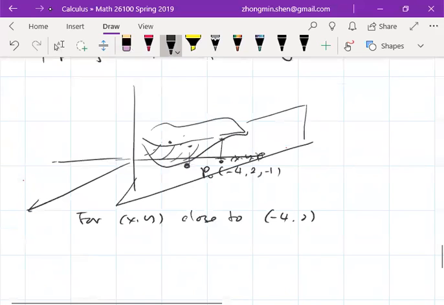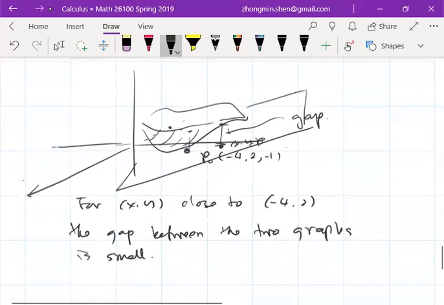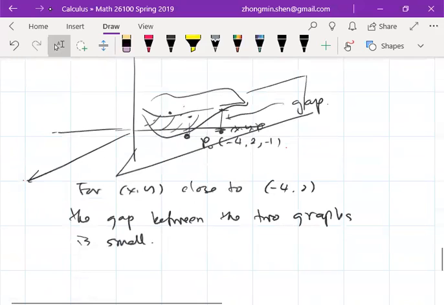the gap between those two points, between those two graphs, is small. What does that mean? That means the difference in the z coordinate is small, since they have the same x coordinate, right?